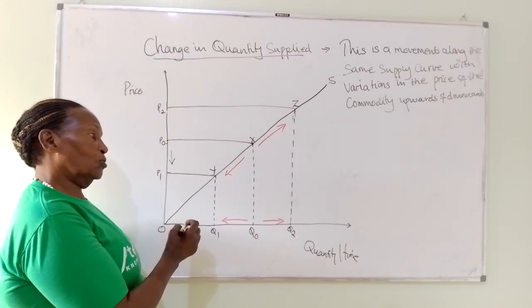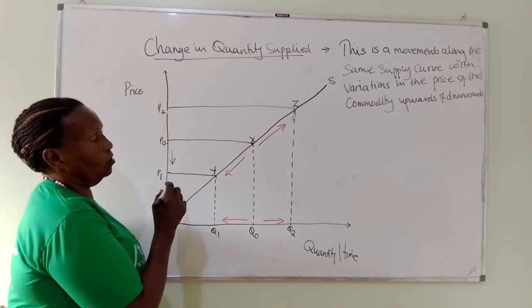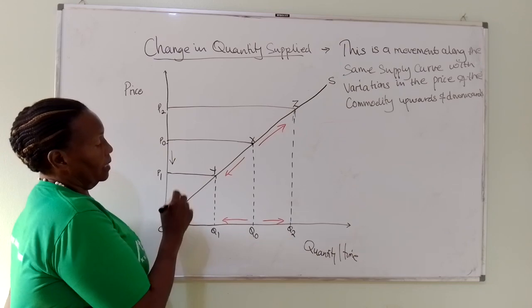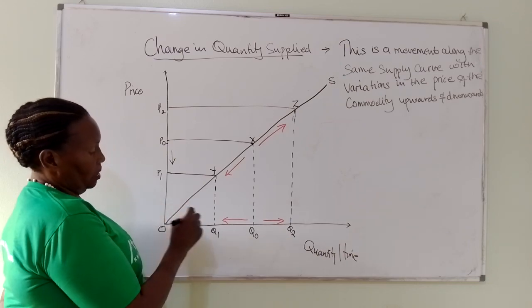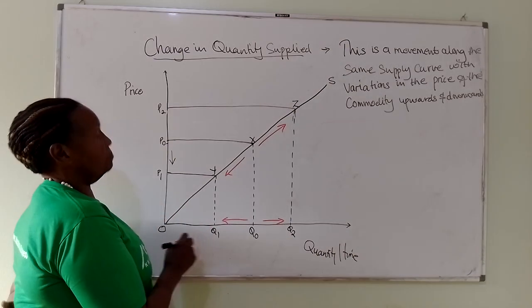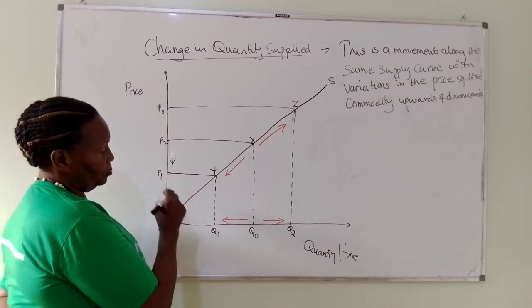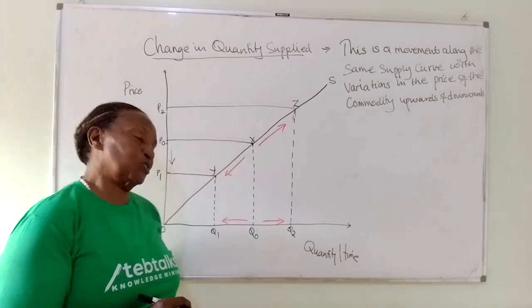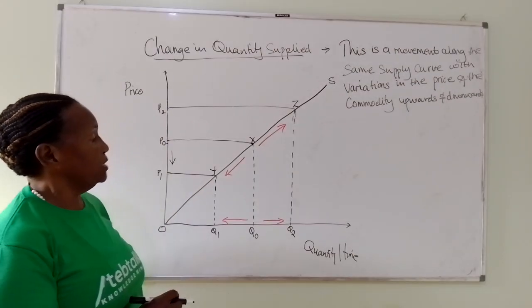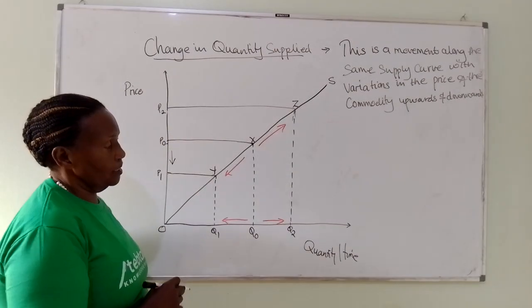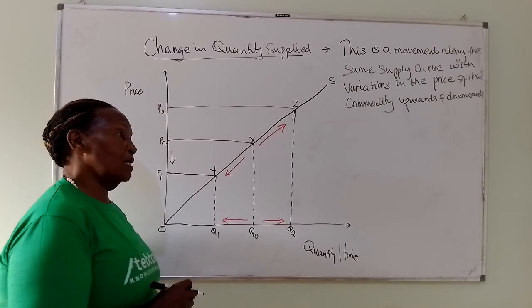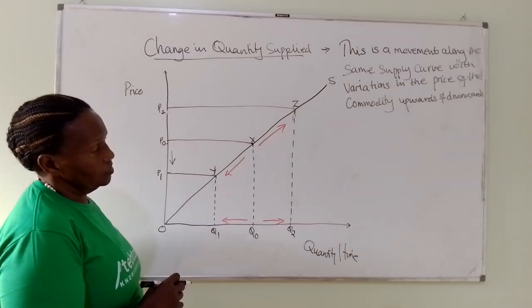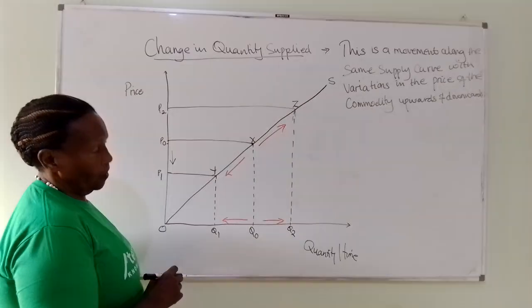So a decrease in the price of a commodity leads to a fall in quantity supplied. Whenever the price reduces, suppliers who are aiming at maximizing profits will tend to reduce the quantity they put on the market, as that commodity is no longer profitable to them.